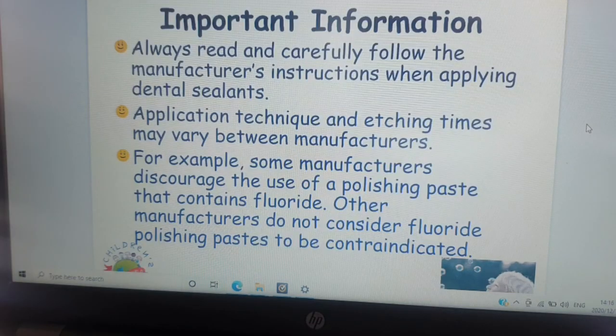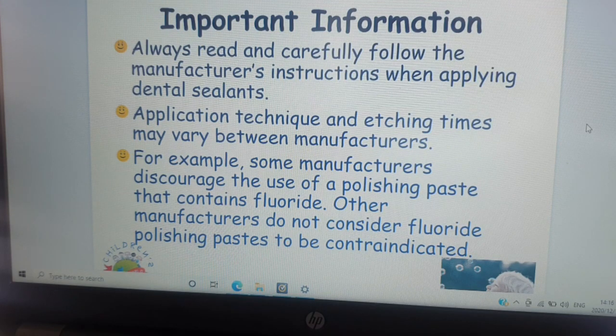Okay, so with important information, like I mentioned before, always with every product, especially if you haven't used it before, carefully read and follow the manufacturer's instructions when applying or making use of a certain product. And then from there, application techniques and etching times may vary between manufacturers. Let's say you find yourself having accidentally bought a tooth system sealant, obviously then it will differ from a light cured dental sealant.